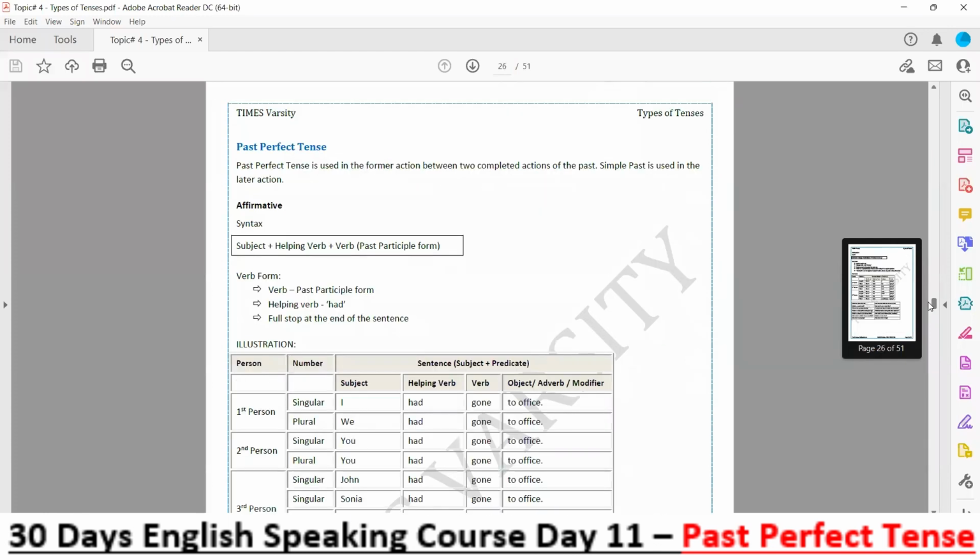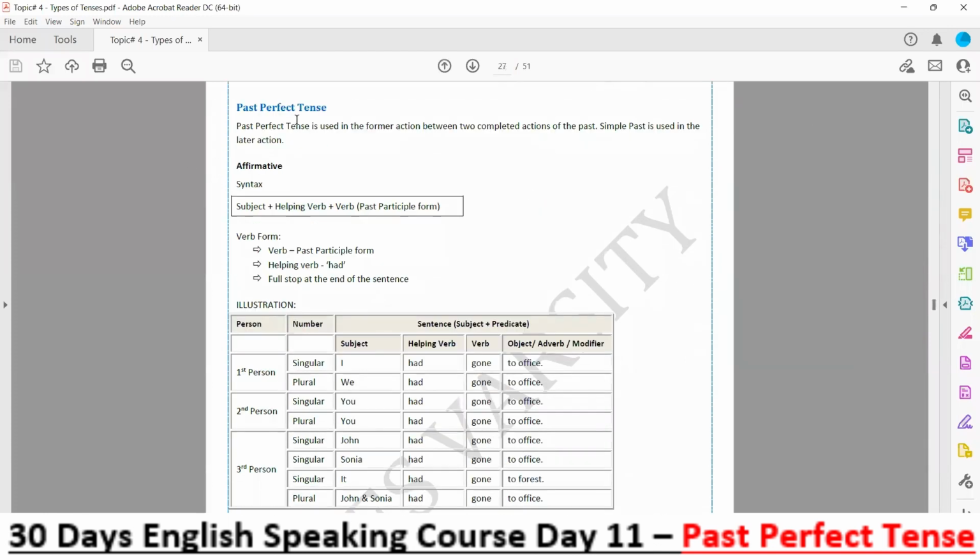Past perfect tense is used for the former action between two completed actions of the past. Simple past is used for the later action.